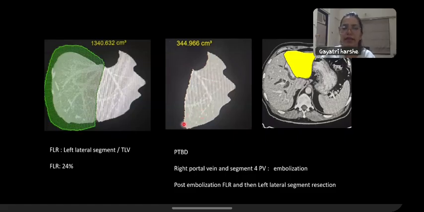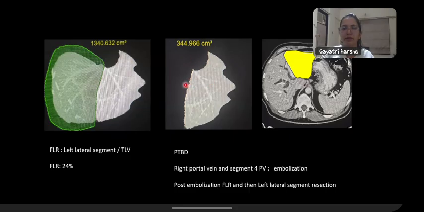So here is the only left lateral segment, and that future liver remnant for this particular case without any fatty liver or fibrosis or cirrhosis, it was 24%. But the required FLR was 30%. So planned for portal vein embolization.